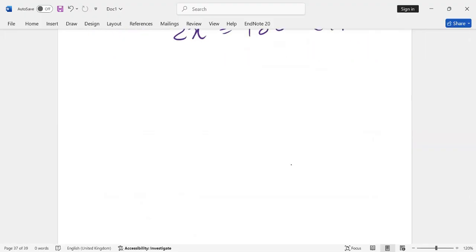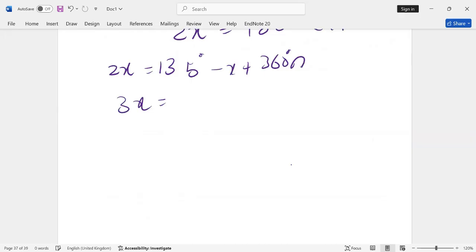We have 2x equals 135 degrees minus x plus 360 degrees n, all right? So we have 3x equals 135 degrees plus 360 degrees n, all right?